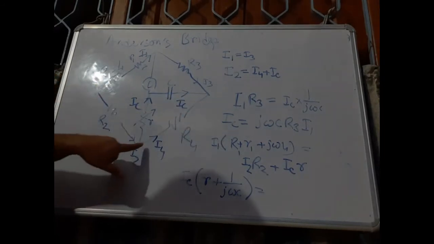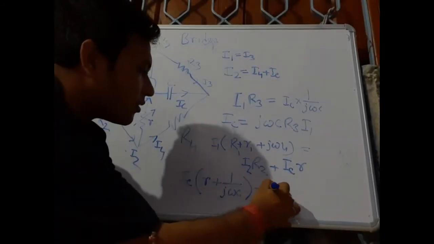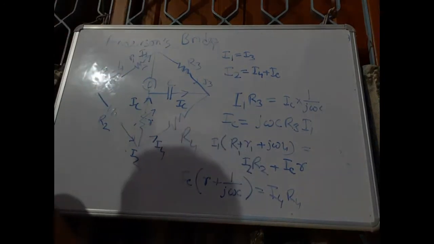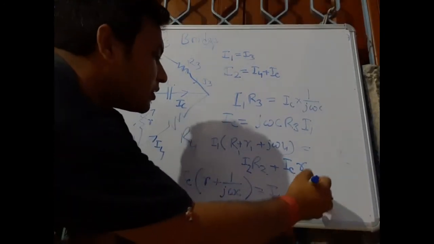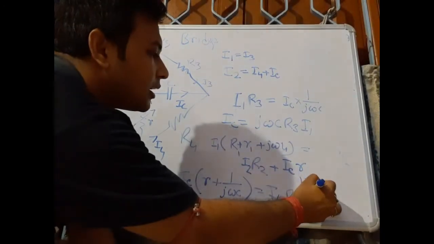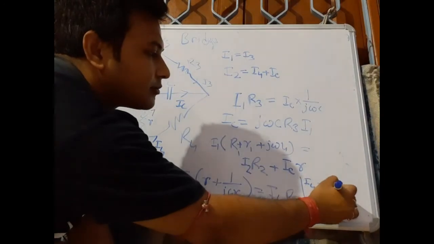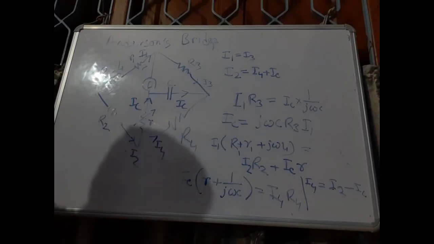So what will be the voltage? I4 R4, right, and I4 can also be written as I2 minus IC.